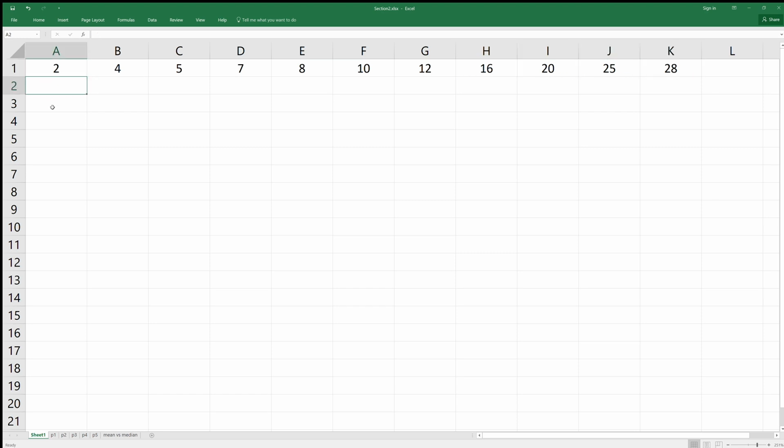So then we'll add them up. I'm just going to do this brute force, right? So on a calculator, 2 plus 4 plus 5 plus 7 plus 8 plus 10 plus 12 plus 16 plus 20 plus 25 plus 28. And for my own peace of mind, I'm going to just temporarily use an Excel function here.